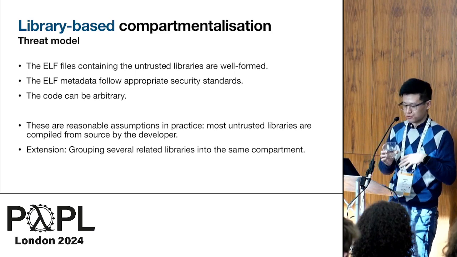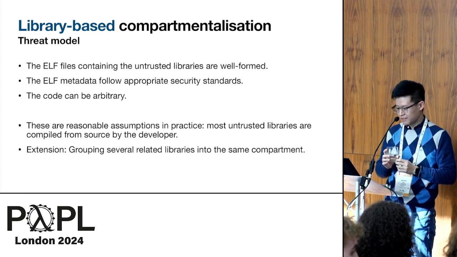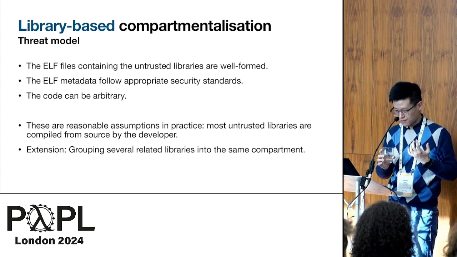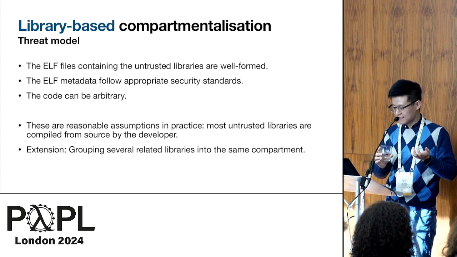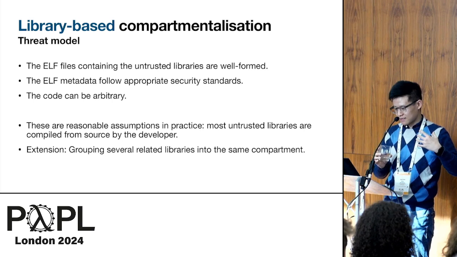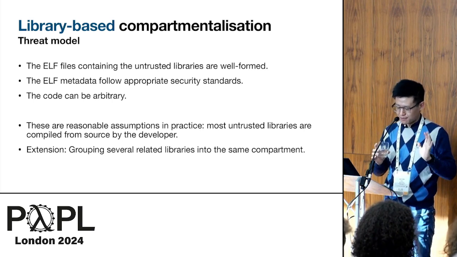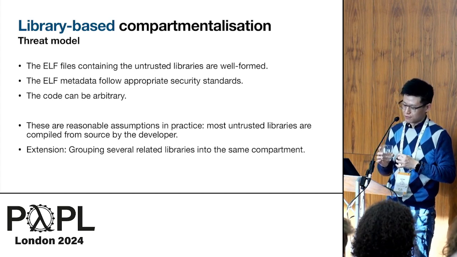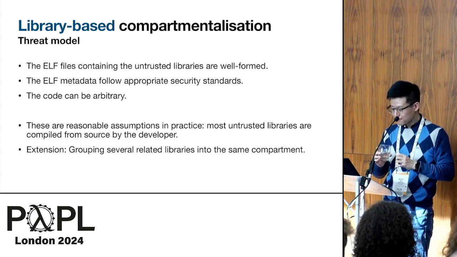So this brings us to library-based compartmentalization, and I will state the threat model here. So the threat model is that your dynamic libraries come in ELF files, and we assume that the ELF files themselves are well-formed, because the runtime linker will need to parse the ELF files, and of course we can even harden the runtime linker to make sure that even malformed ELF files can be parsed, but this is also currently out of scope.